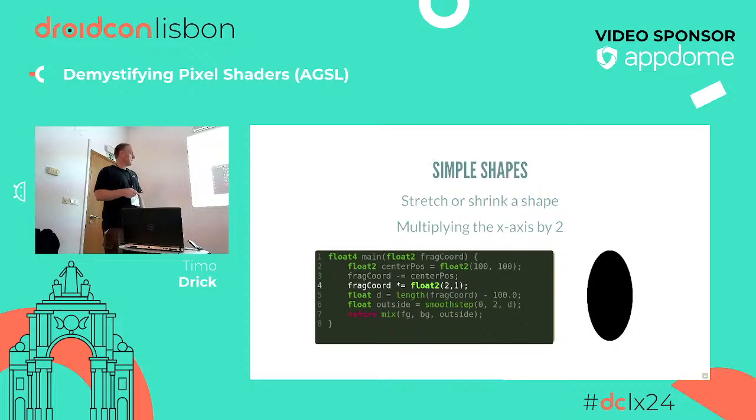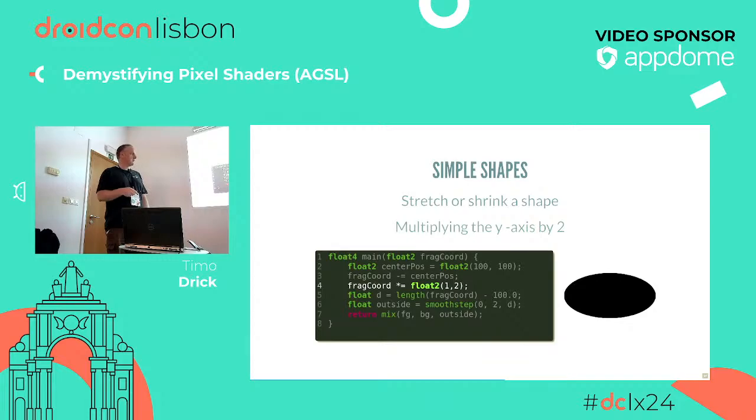And then I can multiply it here, for the x component, by 2. This means that it will be stretched. And when we change it and multiply the y coordinate, then it will shrink down, and the width will stay the same.